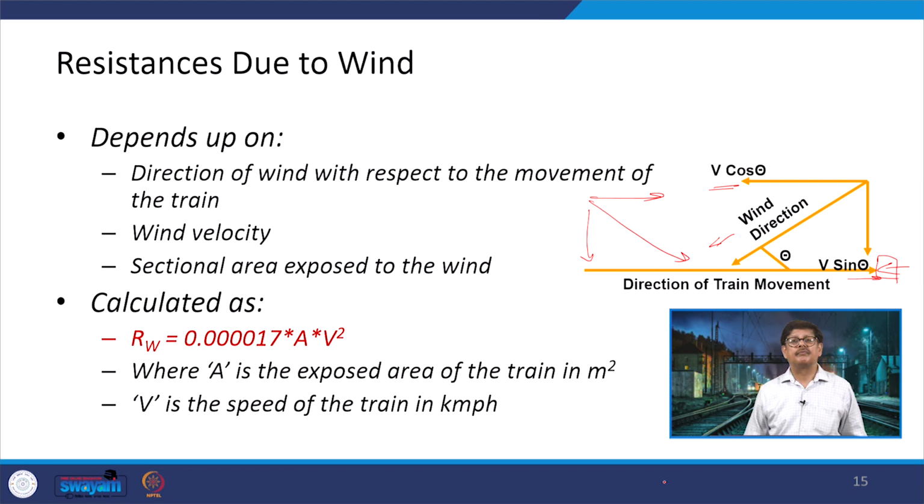Considering that, the formula for the resistance due to the wind is 0.000017 A into V square. That means there is a square effect of the speed in this case, and the sectional area A is being taken in meter square. So, if we have these values available to us, we can very easily calculate the resistance due to wind.